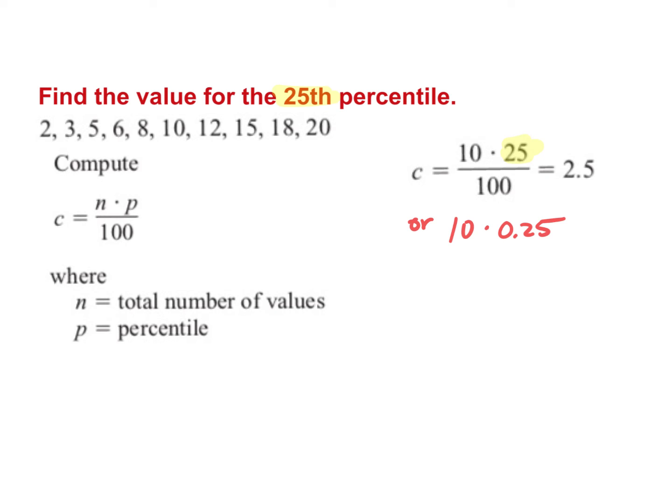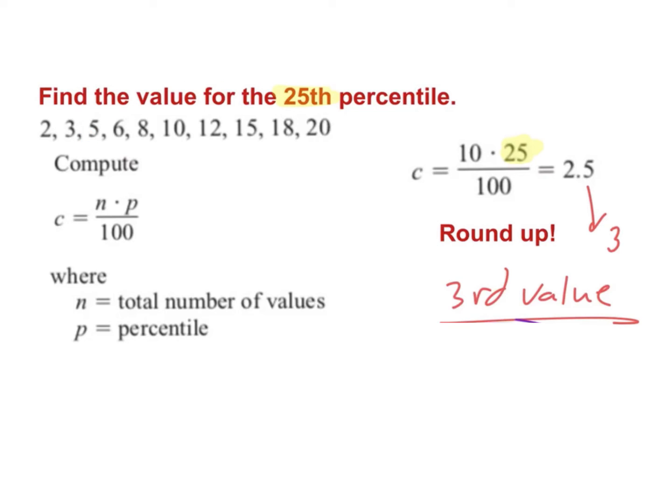In this case, what do we round to? 3. So that means the third value is the 25th percentile. So you round up. The third value is the 25th percentile. Well, which one is the third value? 5. So 5 is the 25th percentile. I'll write that.